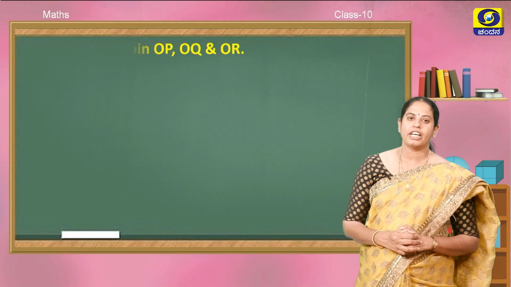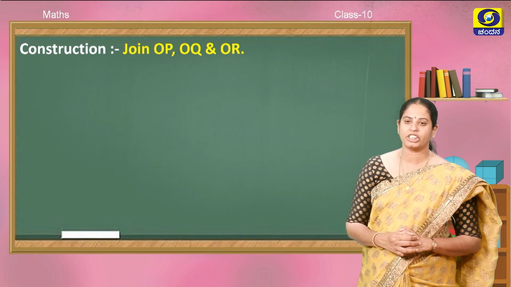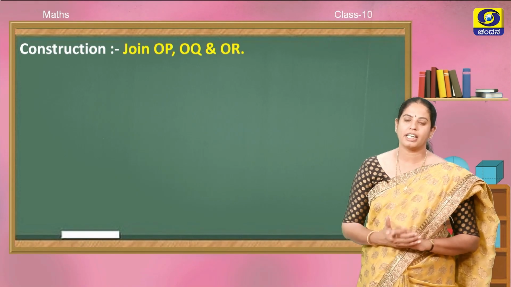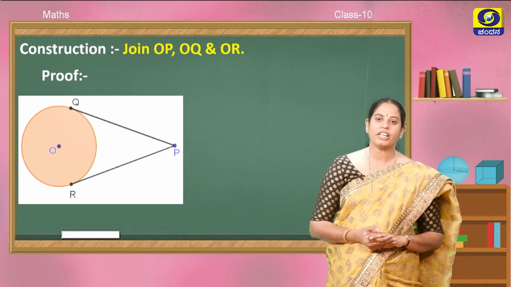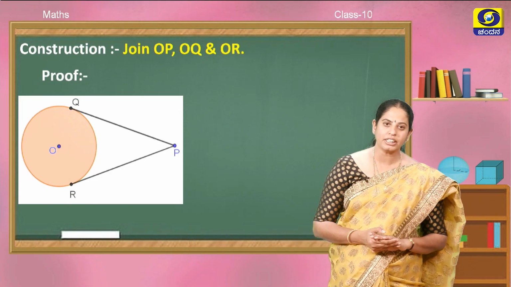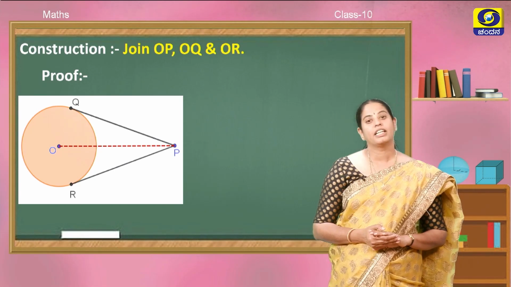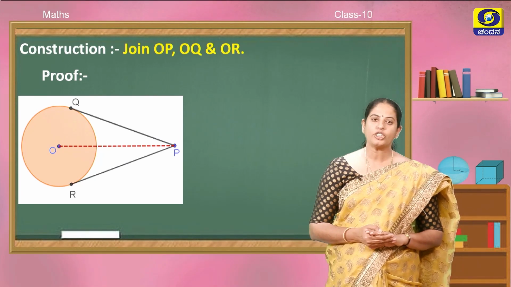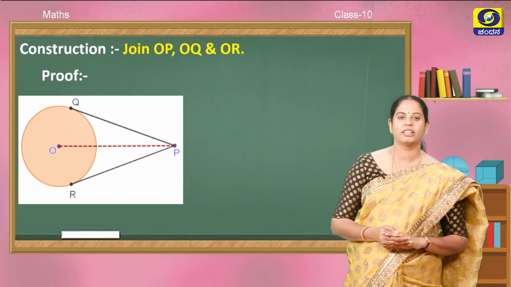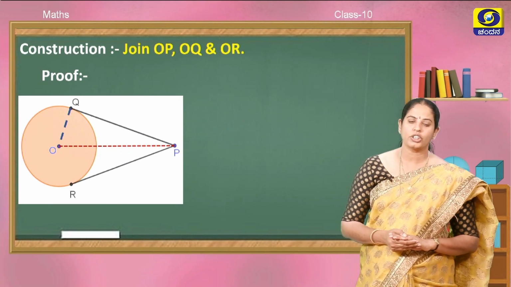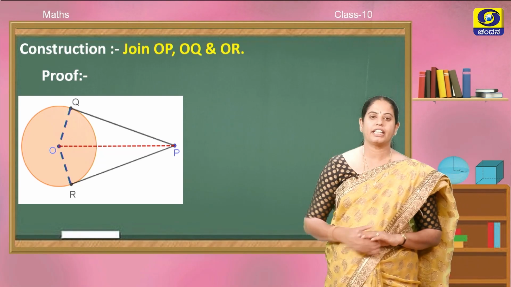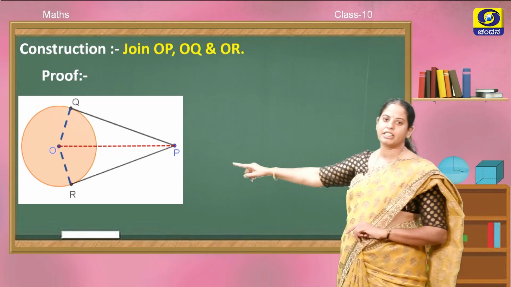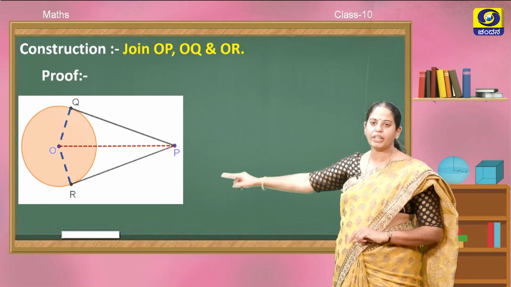Next, we are going to do some construction to prove this theorem for the figure that we have drawn. We are joining OP, the center and the external point, and also we are joining OQ and OR. If we join these points, we get two triangles, OPQ and OPR.